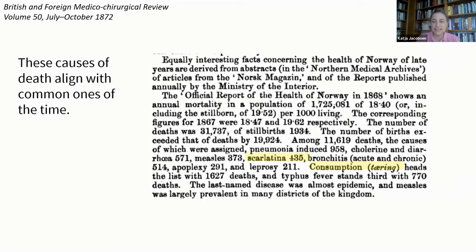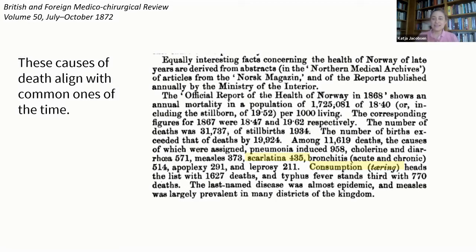It says that among the deaths for which causes were assigned, and there were lots for which causes were not assigned, the most common causes were pneumonia, cholera and diarrhea, measles, scarlatina, so that's scarlet fever, bronchitis, apoplexy, I don't even know how to pronounce that because I do not live in the 1700s, and leprosy. And leprosy may have been Hansen's disease as we understand it today. It could have been things that cause skin disorders, unspecified.